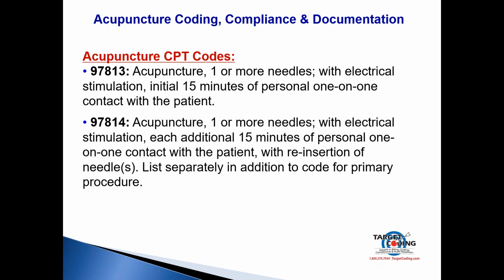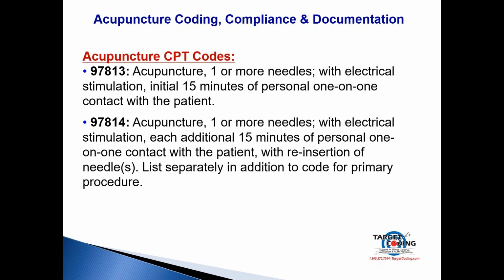So this 15-minute increment, it's not like the time-based code, 8 to 22 minutes, 1 unit for the therapies. This 15-minute increment is defined as personal one-on-one contact with the patient. This means the acupuncturist is in the room with the patient, actively performing a medically necessary activity. That's part of the acupuncture service.